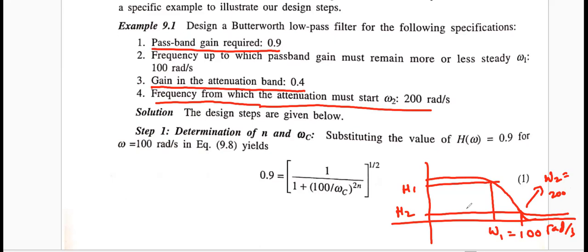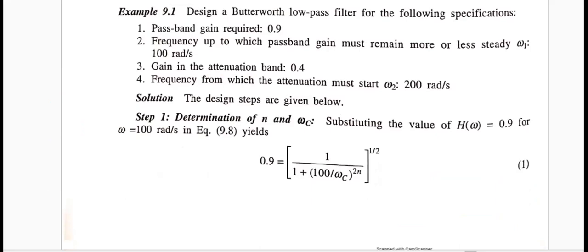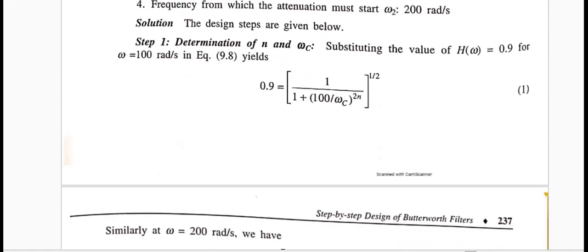So we need this information: H1, H2, omega 1 and omega 2, by which we need to find the value of omega c, as well as the value of n first of all. So step number 1, n and omega c, then the valid pole locations. And after finding the valid pole locations, we need to find the transfer function. Okay, so step by step, we can move forward.